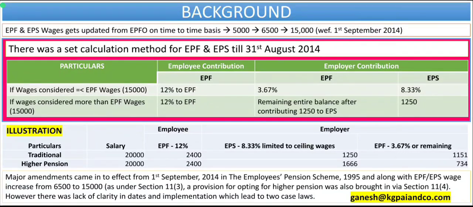So basically it was much more than 3.67%. Everyone had clarity of this calculation method, and then comes the amendment with effect from 1st September 2014.